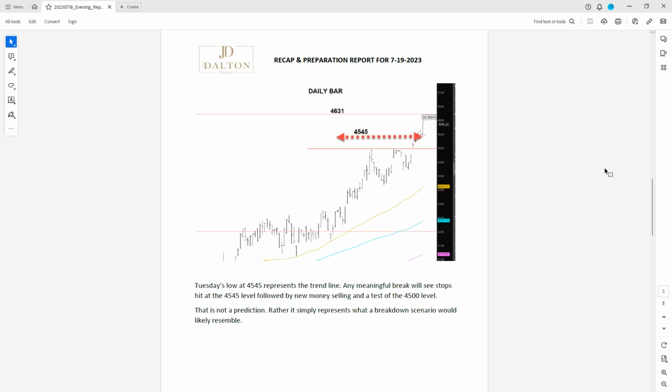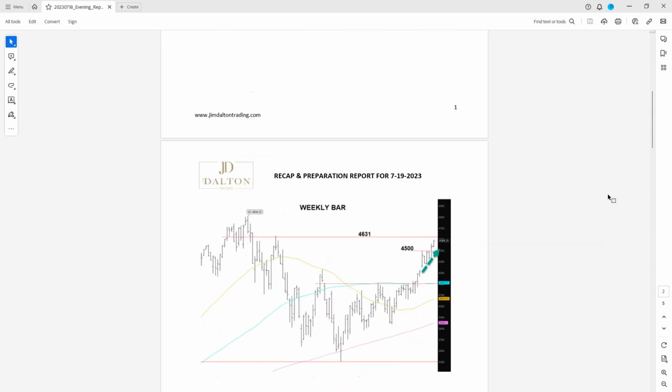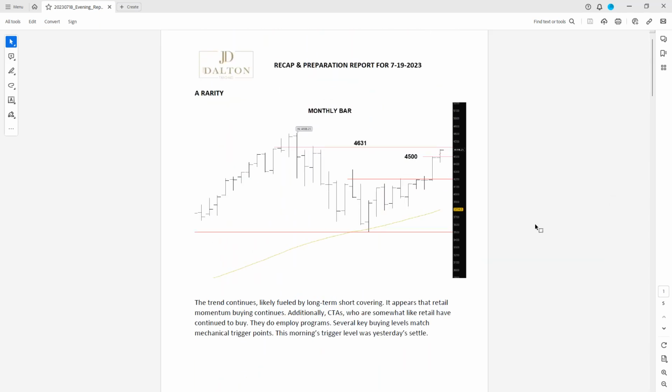That is the short covering really is what causes that. Short covering happens all the time. It happens in the day time frame quite often. It doesn't happen that often, as I'm saying, from the longer time frame. But what you're seeing, and I called this report a rarity, because that's what you're seeing going on right now.